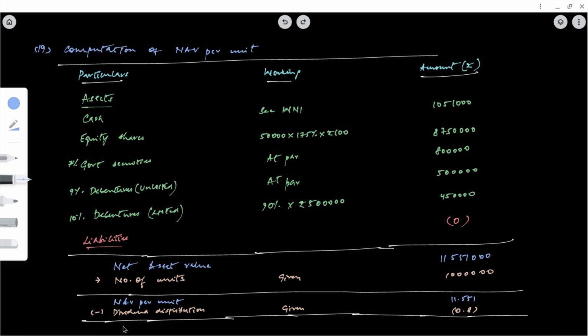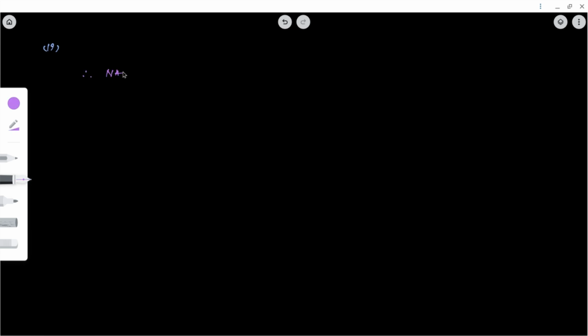NAV per unit after dividend distribution will be 11.551 minus 0.8, that is 10.751.